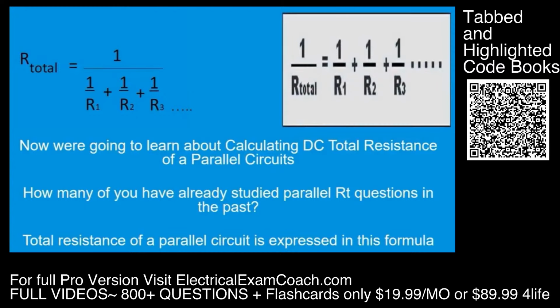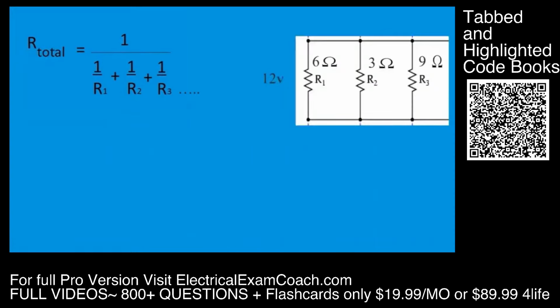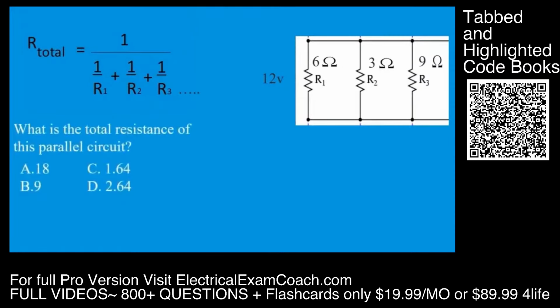This is another way to look at the formula. The reciprocal of R total equals the reciprocal of each one of those numbers. So that's another way to look at it. Okay, so we have 6, 3, and 9 as our resistors. So what is the total resistance of this parallel circuit? I want to note right away that we have 4 options here in our question.